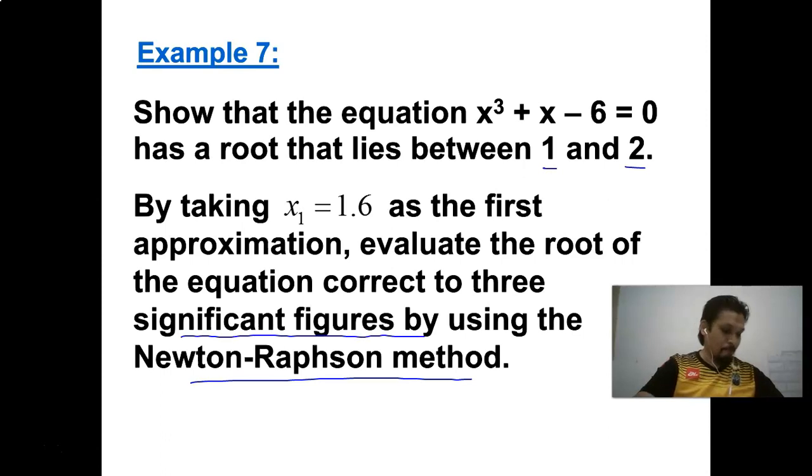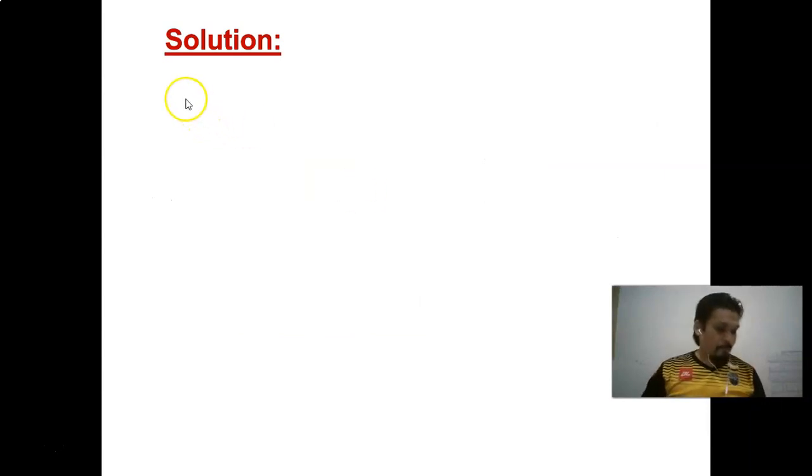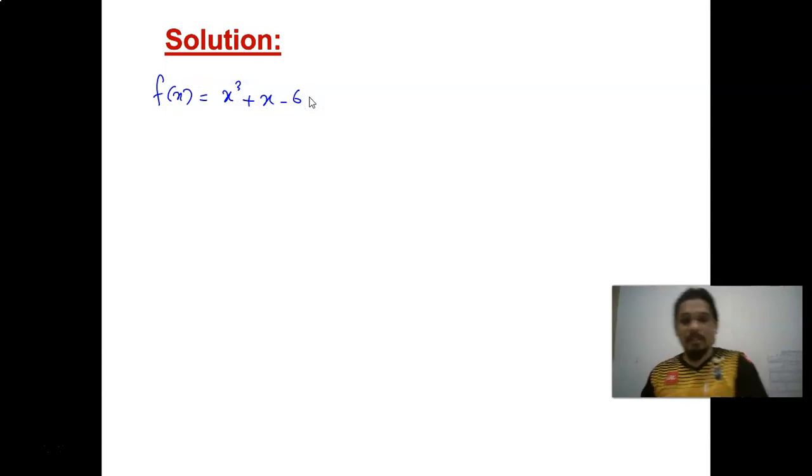Okay. Question, example 7. Let f(x) equal x cubed plus x minus 6, and given that the root lies between x equal to 1 and x equal to 2.